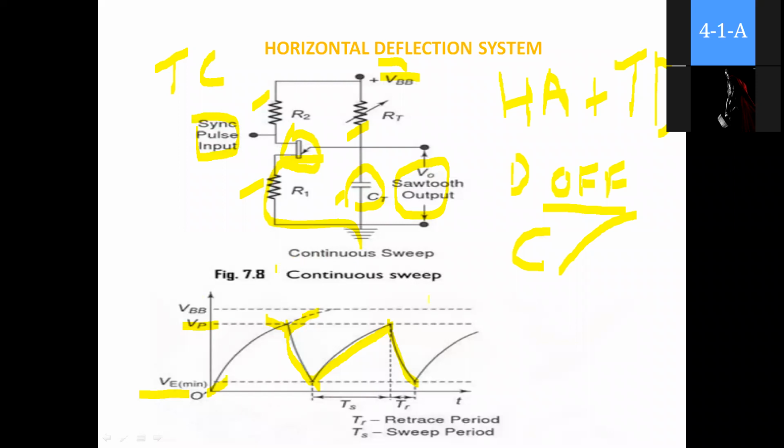This type of time-base generator, the continuous sweep, is used when the input to the horizontal deflection system is a periodic waveform. You have to remember that.